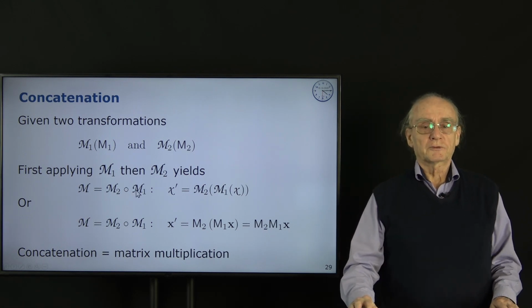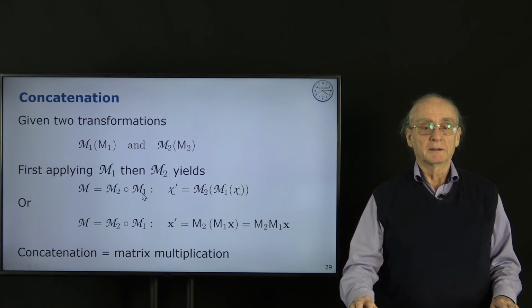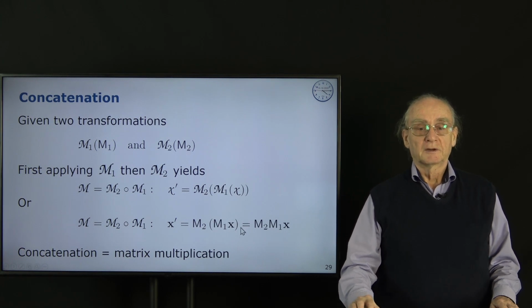So if we first apply M1 to our point and then M2 to the transformed point, this is so to say the concatenation of M1 and M2 from the left, then we just have x from the left multiplied with M1 and then the product multiplied with M2. So we have the combined transformation matrix being M2 multiplied with M1.